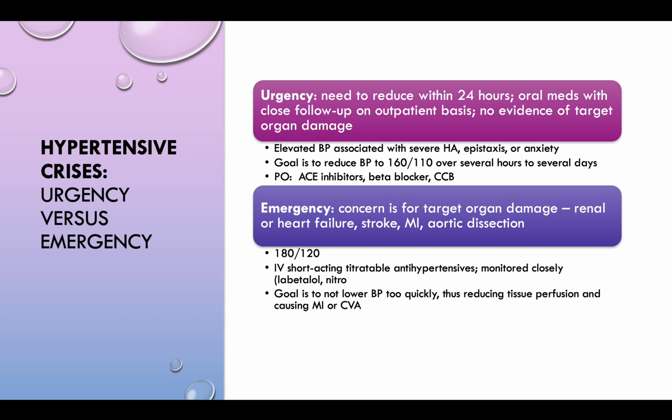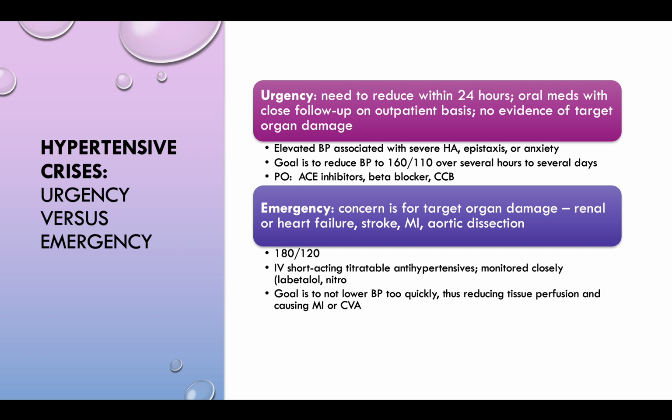Things like kidney damage, heart failure, stroke, heart attack, aortic dissection. We're starting to see potentially significant systemic damage. We're going to put these patients on IV antihypertensive medications, particularly nitroprusside, maybe nitroglycerin, maybe labetalol.